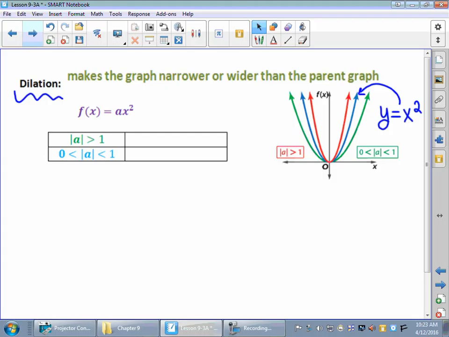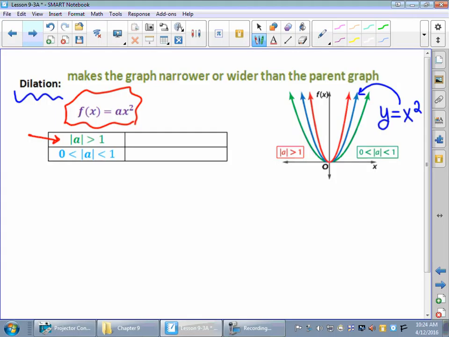Notice, and I didn't color code these very well, if I just take the value of a, here's my equation. If I've got a number out in front of my x squared, remember that's always a. If the absolute value of that number is greater than 1, so the sign, positive or negative, tells us if it opens up or down, but the actual number, like 1/2 or 6 or 3 or 2.75, tells us about how narrow or wide that graph is.